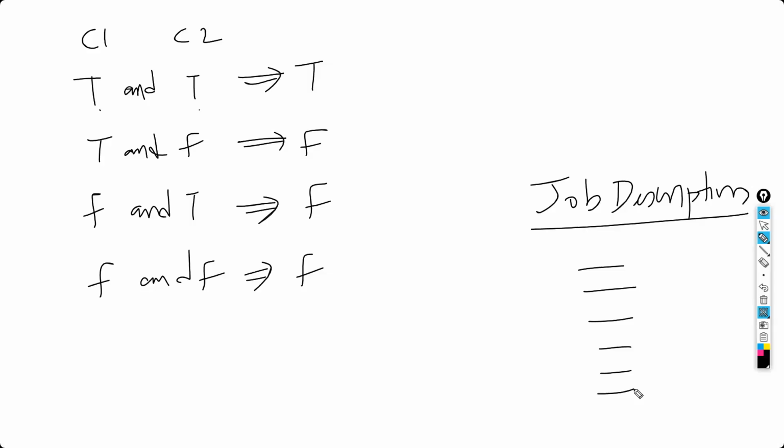Is the point clear? When the job description is asking for something, make sure that all the things are AND conditions. If they clearly write OR, then you can choose any one of them. But if they are not writing the word OR, the meaning is AND. Is the point clear?